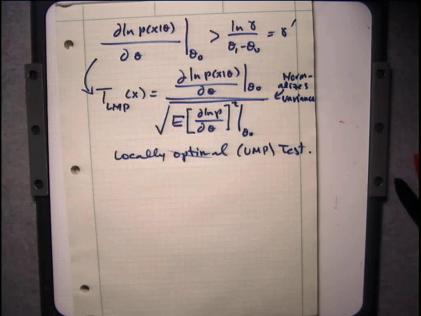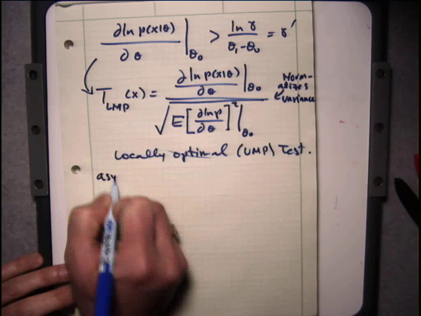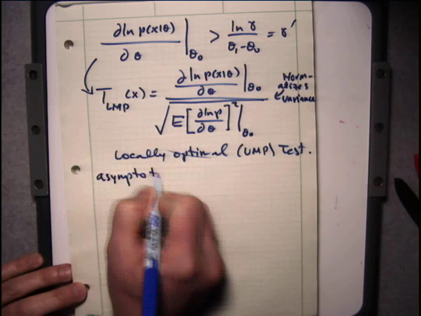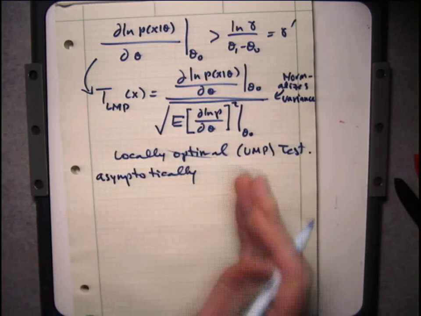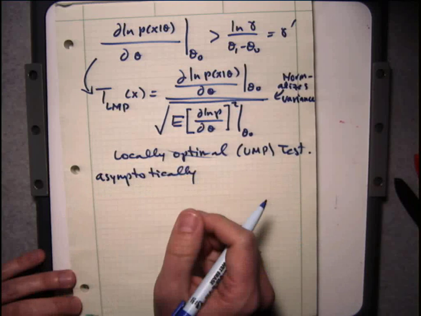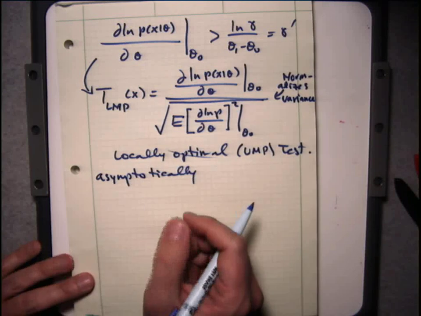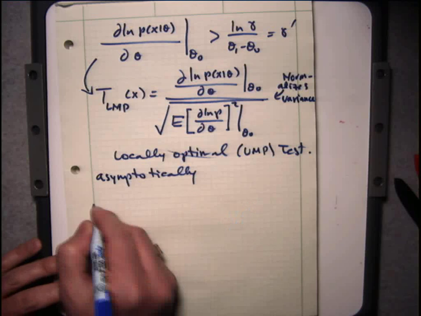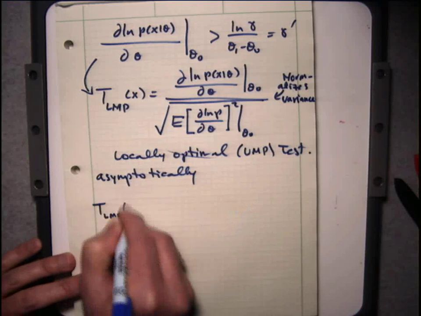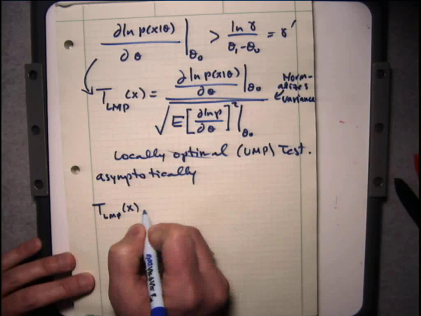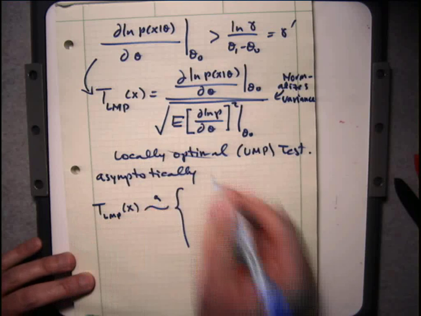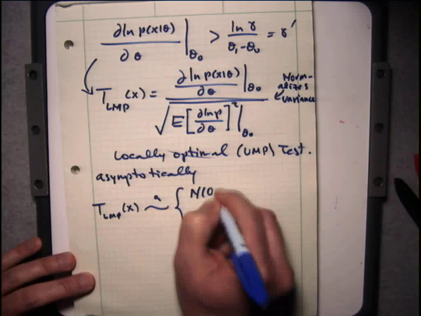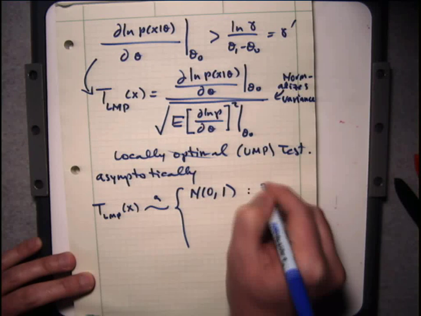Okay, so if we look at this asymptotically, when you have a lot of data, so when the number of samples goes to infinity, or when the noise asymptotically approaches 0, then this test statistic, this is how we write it, asymptotically has the following distributions: normal, zero mean, and unit variance under H0.